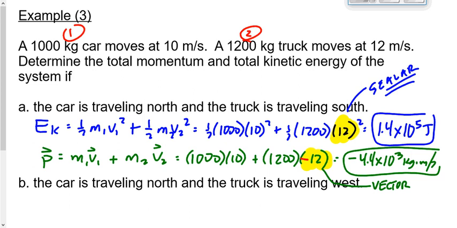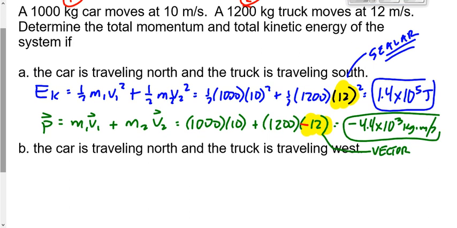How about B? The car is traveling north and the truck is traveling east. How do we find the kinetic energy here? Pardon me? West. Yeah, west. Did I say east? Yeah, west.